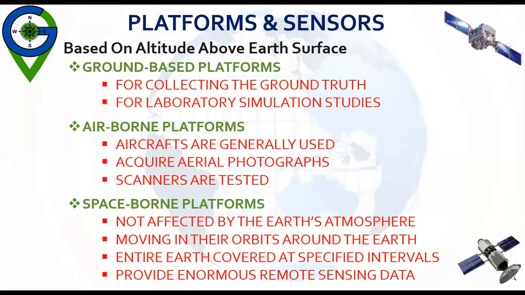However, the remote sensed data are mainly collected either from platforms flying within the Earth's atmosphere, that is the airborne platforms. The platforms within the air are called aerial or airborne platforms, and the platforms in space are called spaceborne platforms.